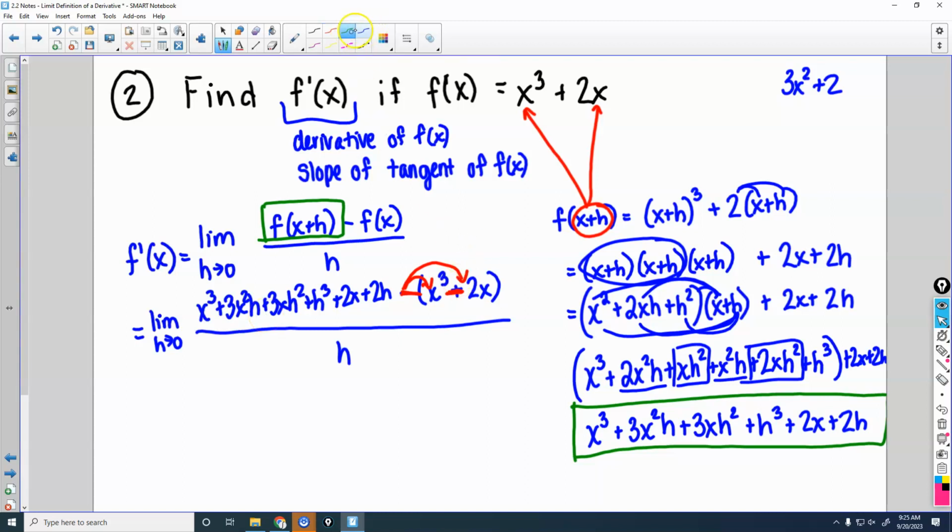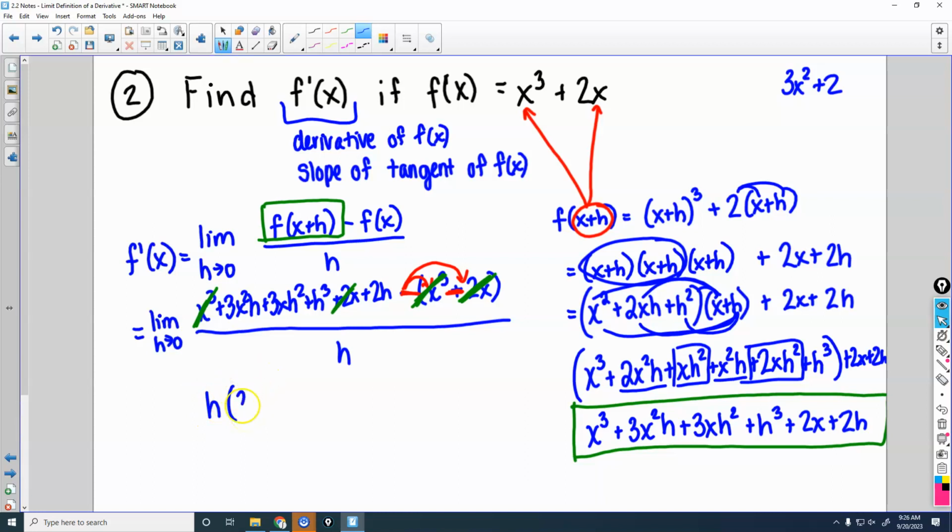So we have this negative x cubed cancels with that x cubed. And I have a negative 2x cancels with this positive 2x right here. So if you have done it correctly, everything should cancel except for stuff that still has an h. And you can see all of these have an h, so I'm going to factor out an h.